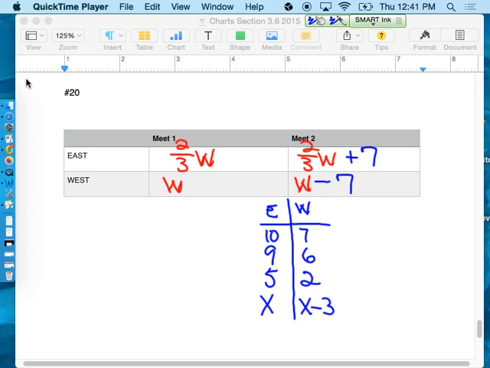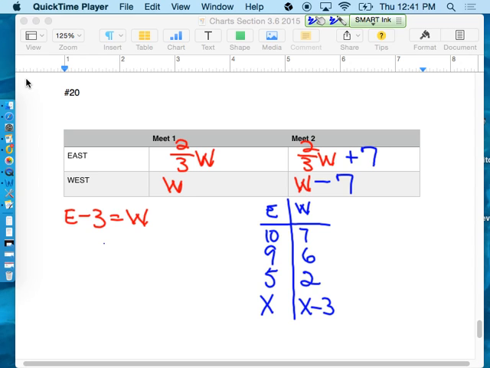So if I want to set up an equality here, if I want to set up a math model to set something up that I could solve, I could say that East minus 3 would equal West, because then their scores would be the same.